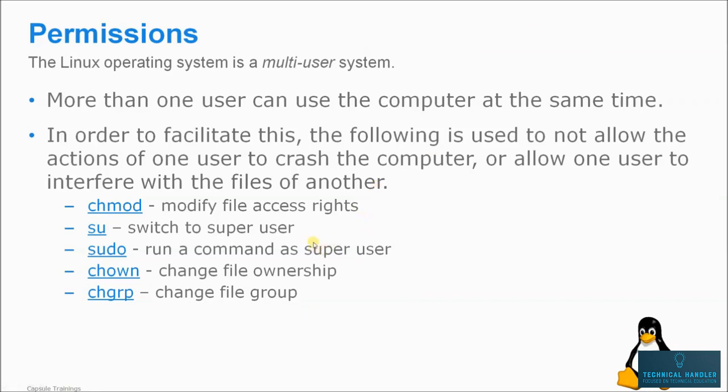We have the su command, which helps you switch to the super user for a period of time. We have the sudo command, which is a very famous command in Linux, and this helps you to run a command as super user. You have the change ownership, which helps you to change the file ownership. And finally, you have the change group, which lets you change the file group.